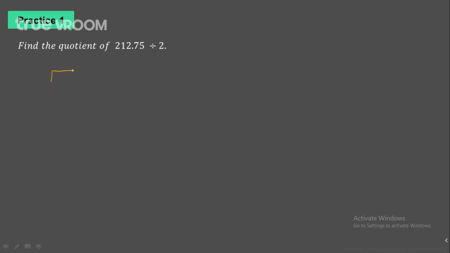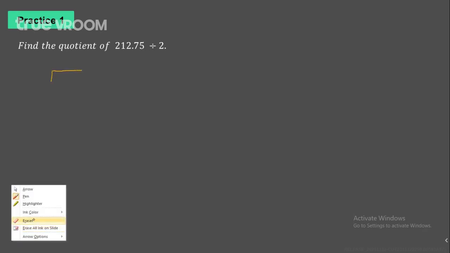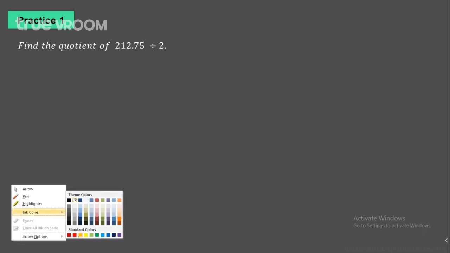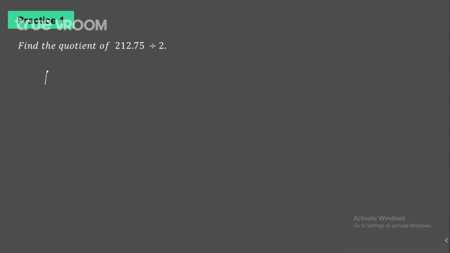Let's say this is the division sign. What number should I put inside the symbol?